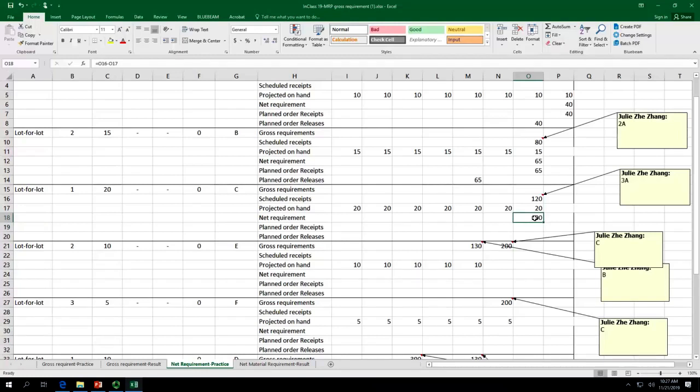And the lead time for C is 1 week. So you need to place the order. Here I think we need to plan the order receipt, which should be exactly 100. And then the planned order release of 100 should be in week 6.